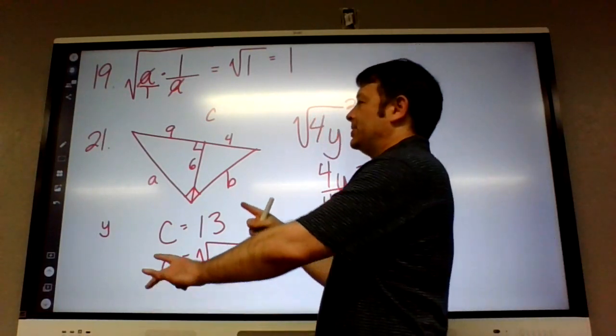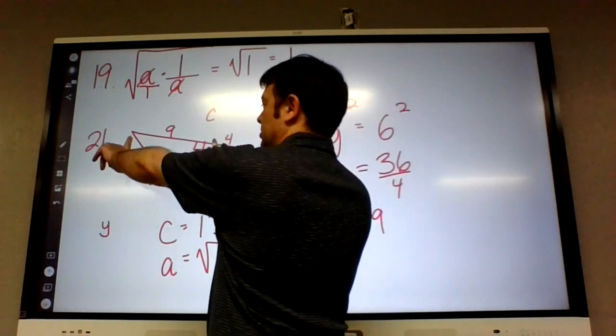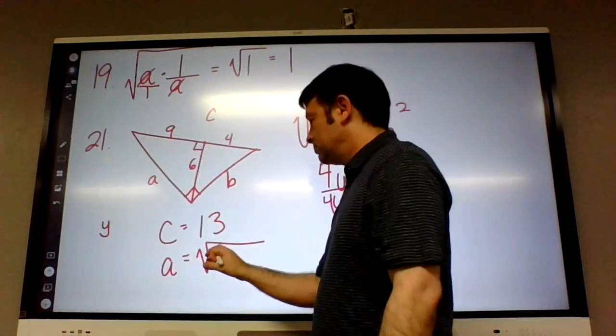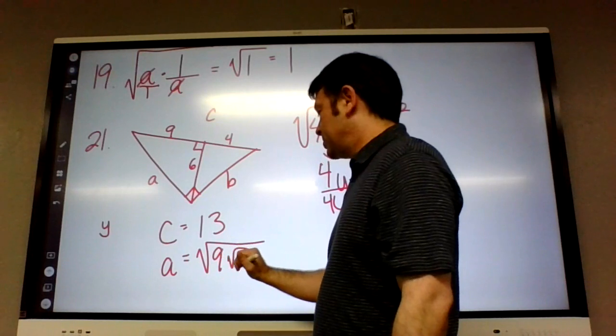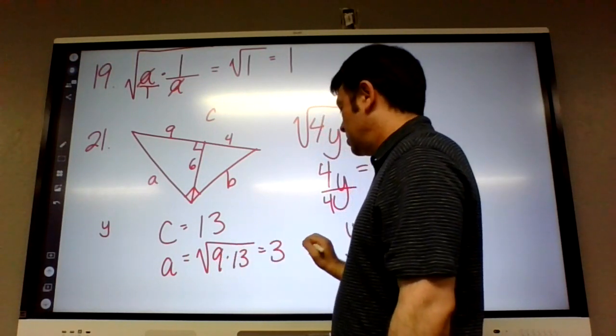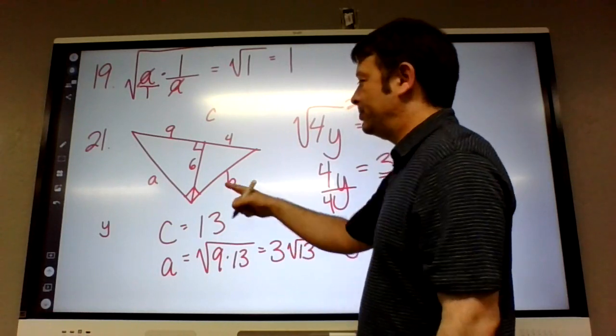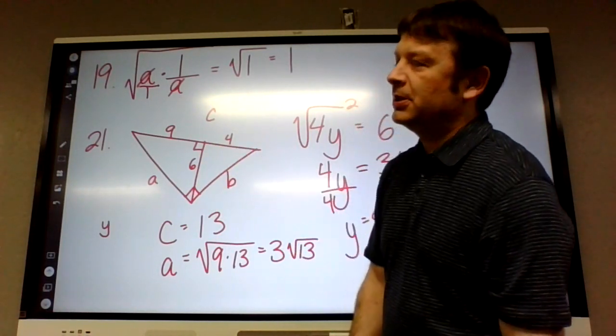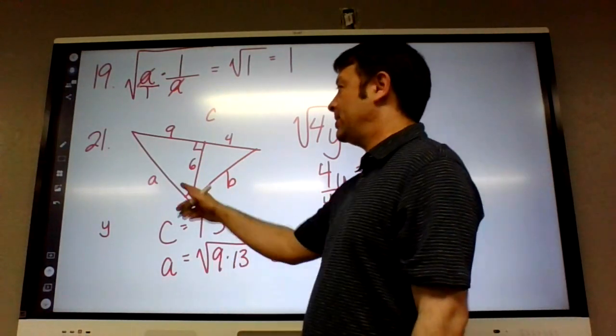Okay, you could, but what was the way we learned to do it? Square root of 9 times 13. So why don't we just use Pythagoras here? This was the only problem where we do this at the beginning. But yeah, you could use Pythagorean theorem now that we know that's a 9.